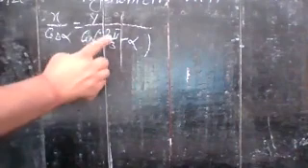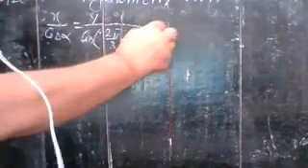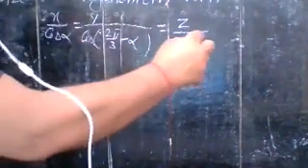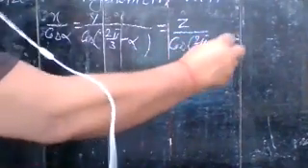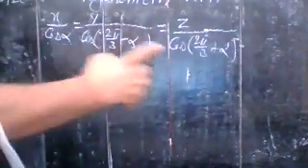So write, if x upon cos alpha is equal to y upon cos (2 pi by 3 minus alpha) is equal to z upon cos (2 pi by 3 plus alpha), meaning all of them are equal.